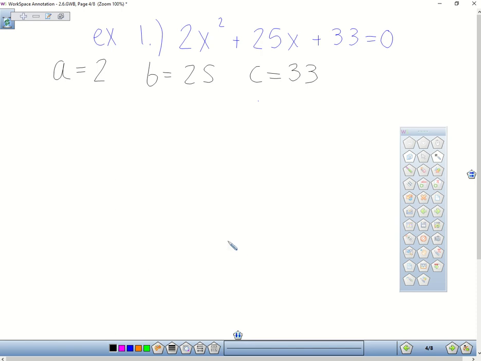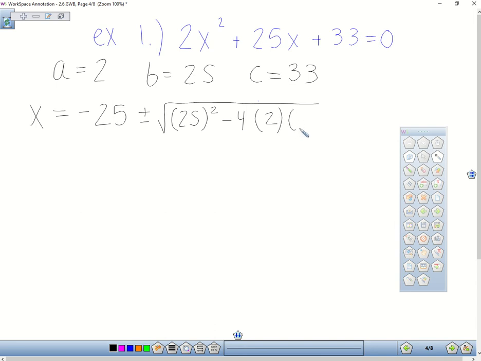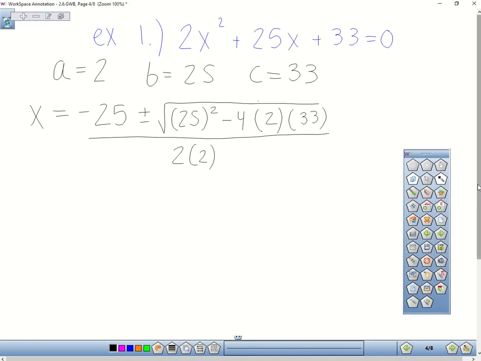So once we've identified a, b, and c, we're now going to plug it into the quadratic formula, which is x equals negative b plus or minus the square root of b squared minus 4 times a times c all over 2 times a. So I just plugged everything in, and now we're just going to calculate this.